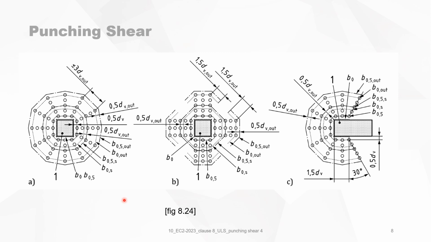And then you can have B0.5 out, that is the B0 verification outside the reinforcement area. So this drawing tries to explain the different use of all those control perimeters and reinforcement perimeters, for radial reinforcement, for crucifix reinforcement, and for a situation like this one.